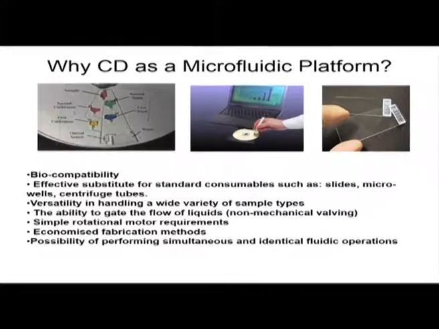Economized fabrication method. I will say that this is one of the big advantages. After we complete this chapter we will study the chapter on microfabrication, how microchannels are fabricated, and we will see that there are many microfabrication processes which are very sophisticated, but they require an expensively maintained environment.